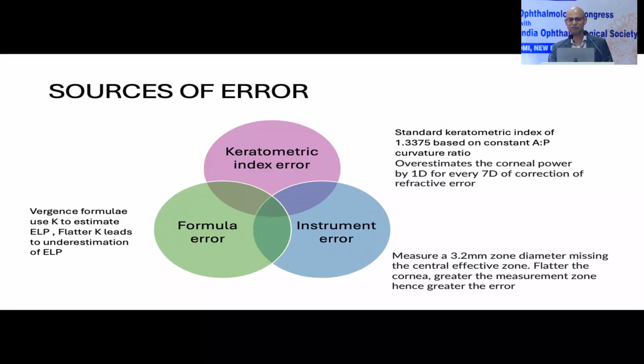In incisional refractive surgeries, that ratio is still preserved, and this tends to overestimate the corneal power by 1 diopter for every 7 diopters of correction of refractive error. And instrument error: most of these take keratometry from a 3.2 millimeter zone, missing the central effective zone. The flatter the cornea, the greater the measurement zone, hence the greater the error.